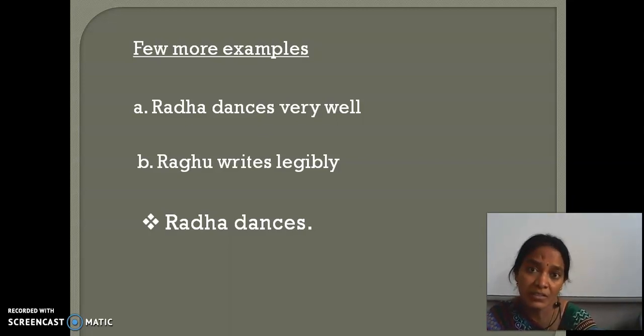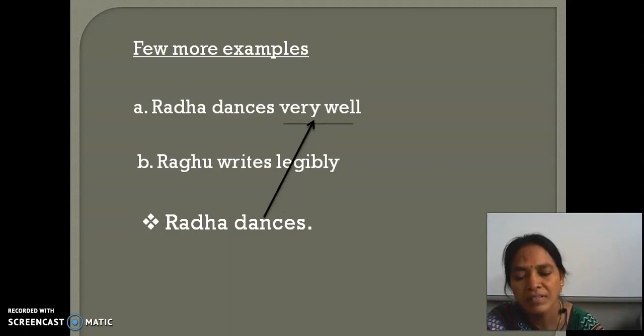You want to know Radha is doing too good. And this additional information will be provided only when you make use of these adverbs. Are you clear, children? Shall we go? See here, Radha dances very well, but then the sentence is complete without your very well.